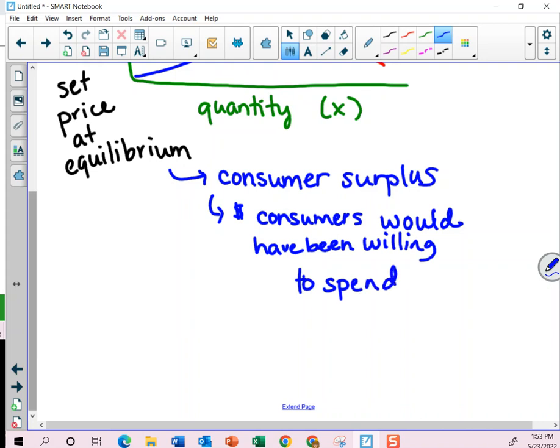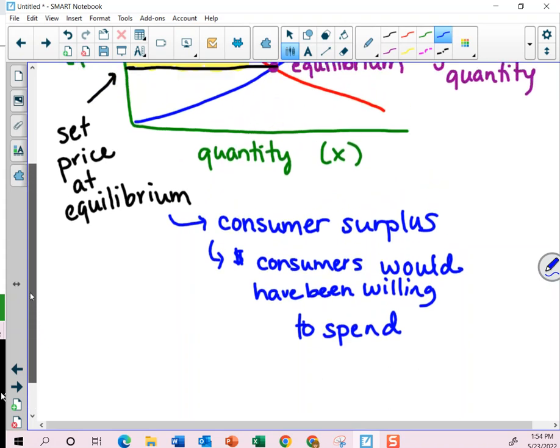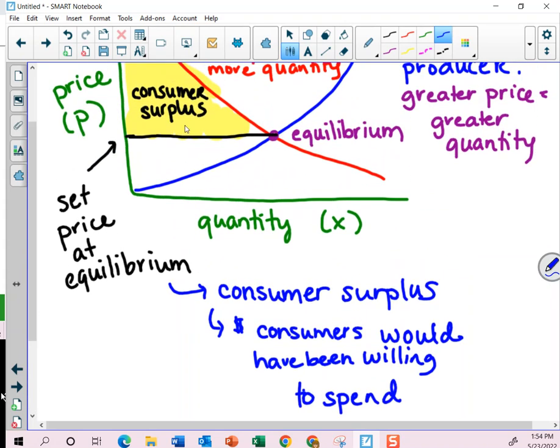You kind of calculate how much leftover value, how much extra value the consumer is getting in the consumer's mind.